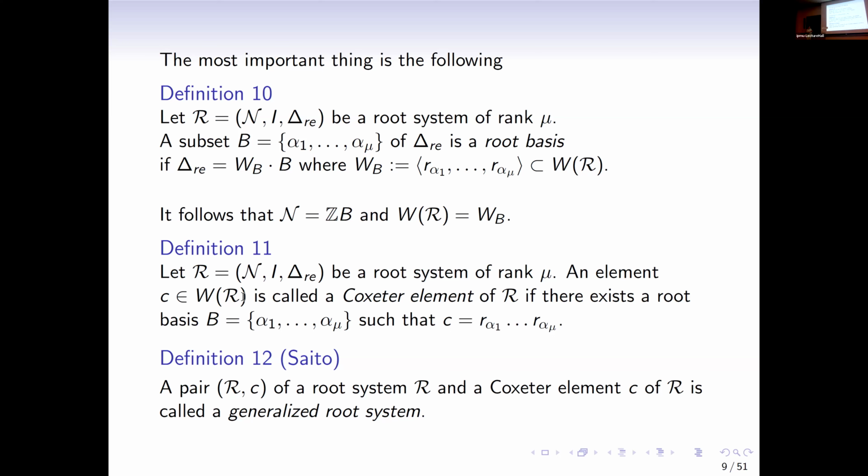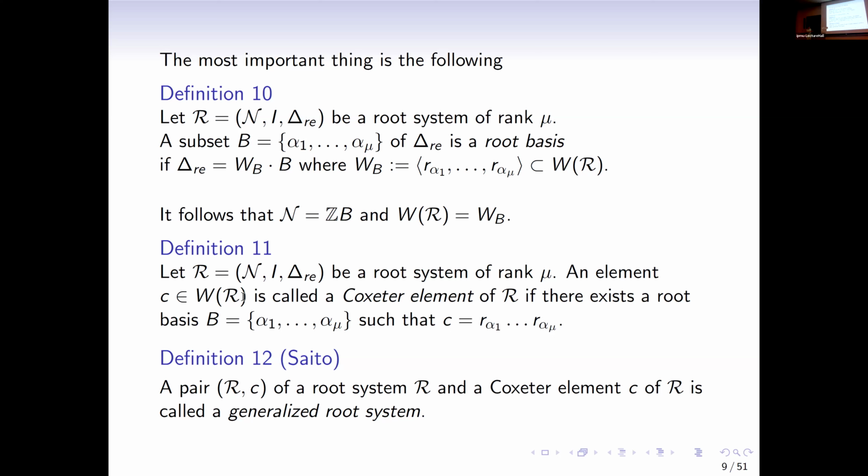An element C is called a Coxeter element if there is a root basis such that C is a product of these reflections. This is also due to Saito.